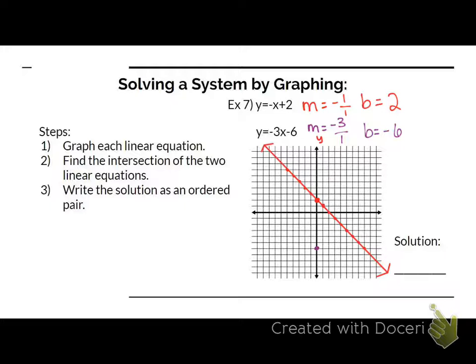Down 3, right 1, or we could go up 3, left 1. Okay, the more points you put, generally the better your line's going to be. Nice straight line through those points.